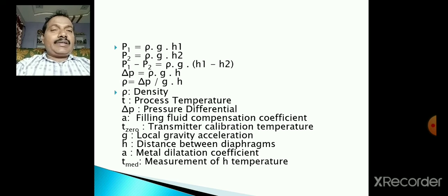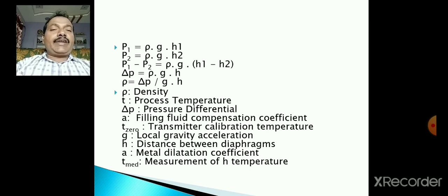Pressure P1 is given by rho g H1, and pressure P2 at point 2 is given by rho g H2. The difference of pressure, P1 minus P2, is rho g (H1 minus H2).